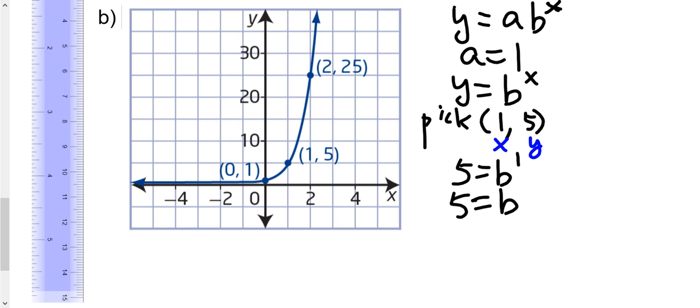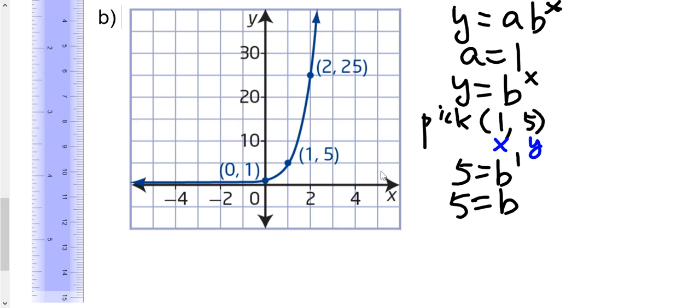Sorry, I forgot to mention that if you look at this graph here, you can see that the graph is increasing, going up. So therefore, you would expect the b value to be greater than 1, which is either you call that increasing or going up, and preferably we call that growth.